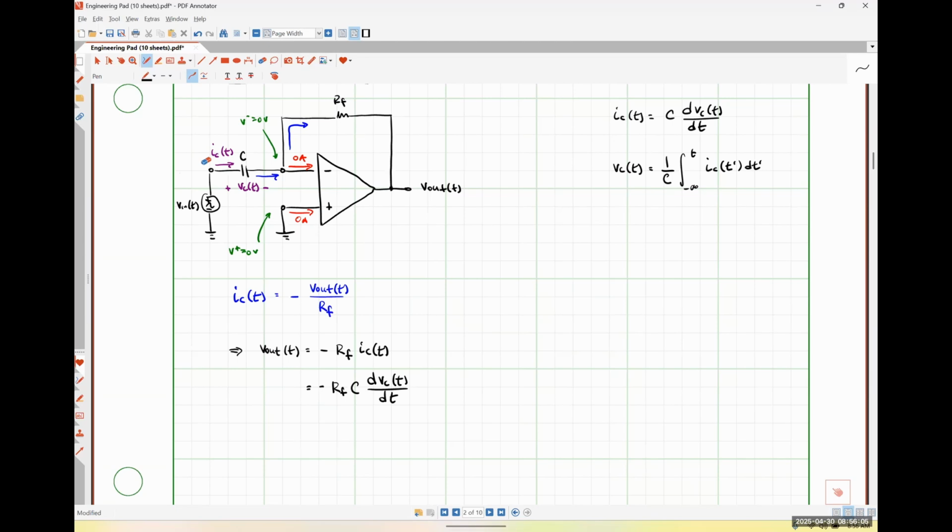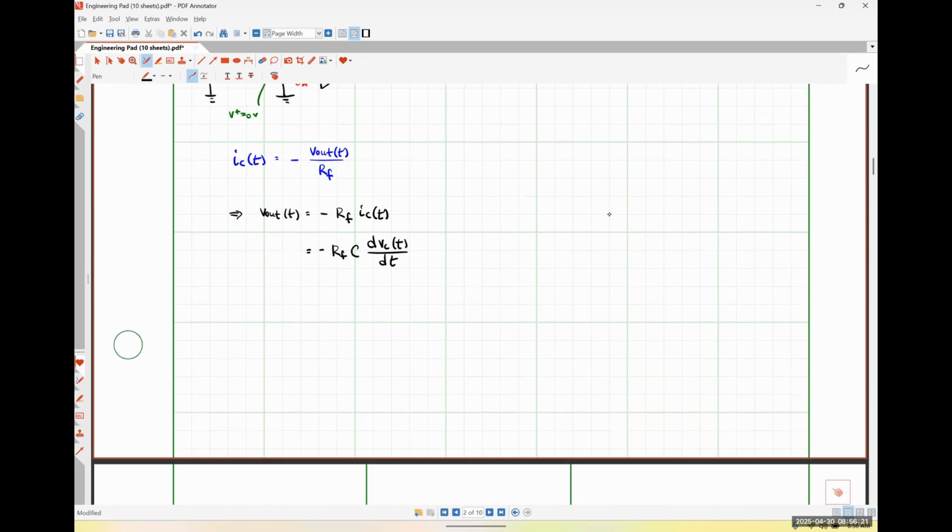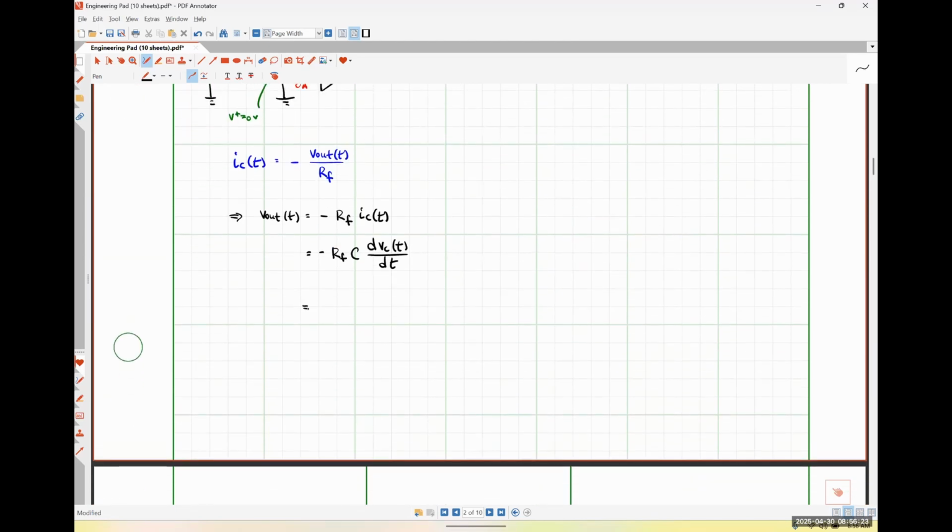So essentially, our input voltage is the exact same thing as our capacitor voltage. Is everybody okay with that? So positive polarity terminals are at the same node, negative polarity terminals are both at ground. So it's the same voltage. So that means I could actually write this as negative RF times C times the derivative of my input voltage with respect to time.